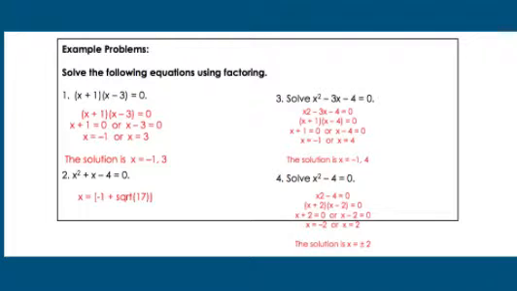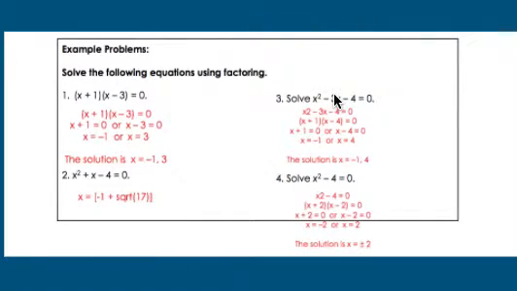This leaves us with completing the square, which we don't want to do. We can use the formula x equals brackets negative 1 plus the square root of 17 divided by 2. And that would be our solution, which is here.